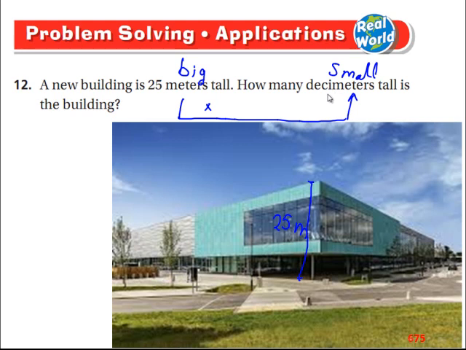Ask yourself, how many decimeters in 1 meter? Great, 10. So I'm gonna multiply 25 by 10. So the answer is gonna be what? Great job. 250 decimeters. dm is the abbreviation of decimeters.